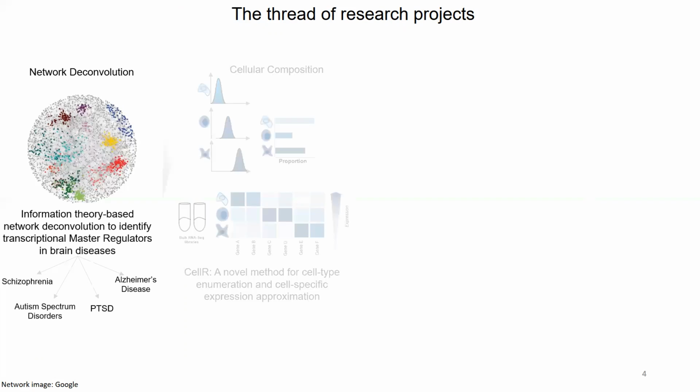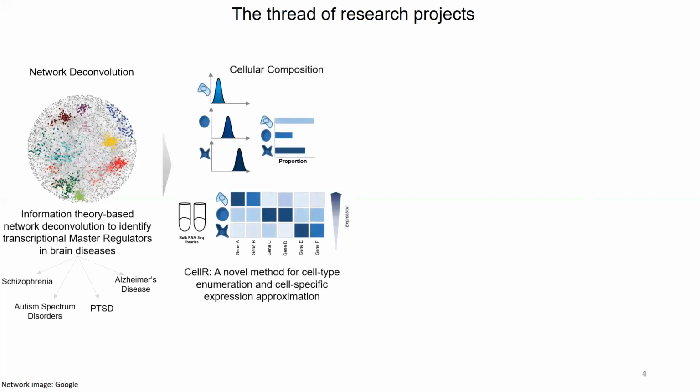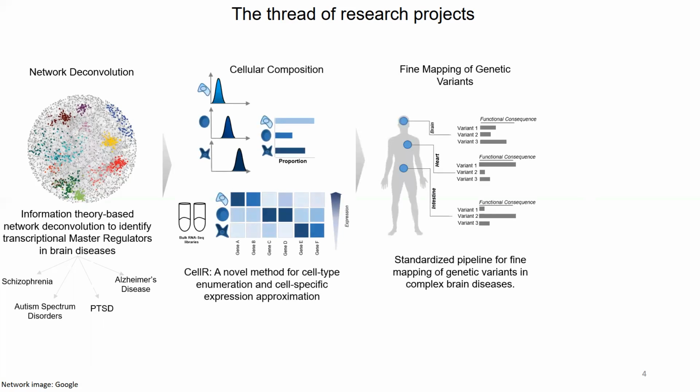Next, I will briefly talk about our cell type deconvolution method called CellR, which is a novel method for characterizing cellular proportions in bulk libraries, as well as a meta-heuristic optimization model for inferring cell-specific expression profiles directly from bulk libraries, followed by creating a standardized pipeline for fine mapping and characterizing the functional impacts of genetic variants.